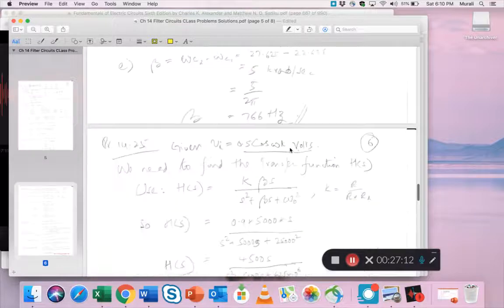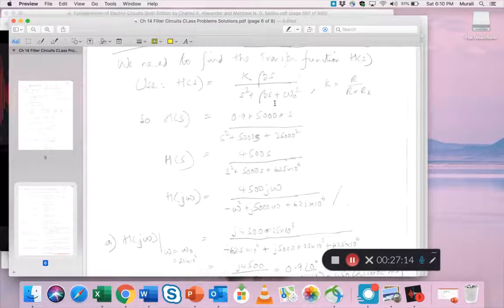So we've got that 25,000 here, we've got beta as 5,000, we've got K as 0.9, and so we plug all that in and we come up with this nice expression for the transfer function as a function of S: 4500 S by S squared plus 5000 S plus a constant.